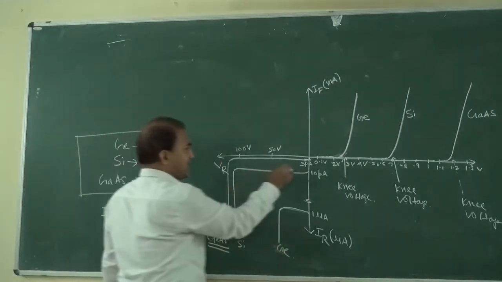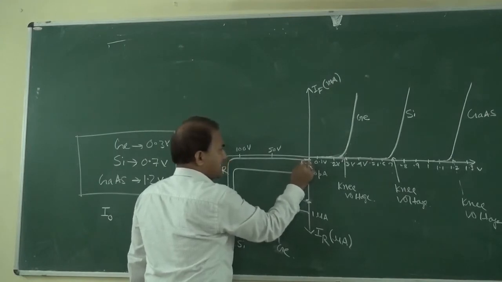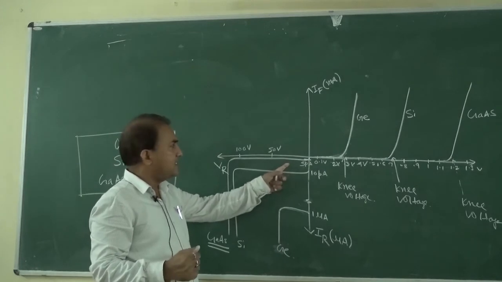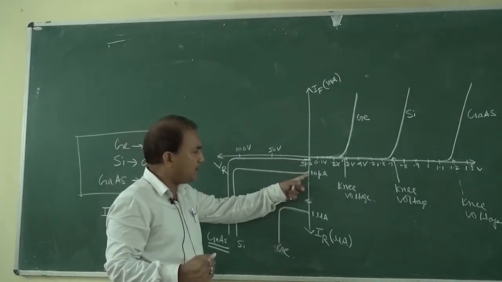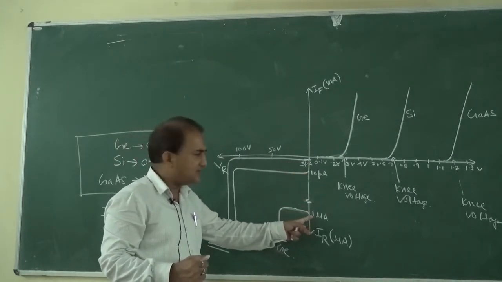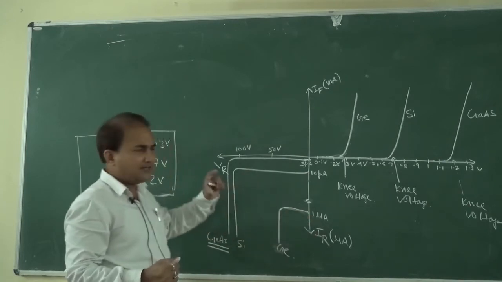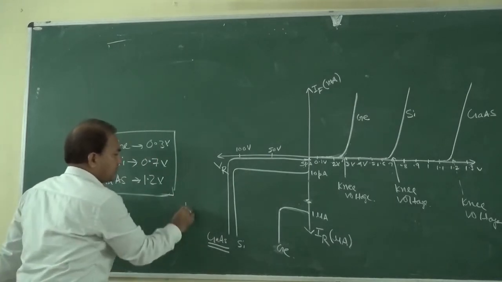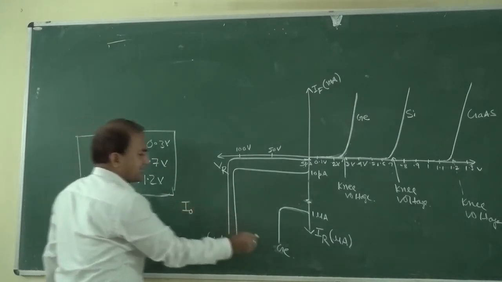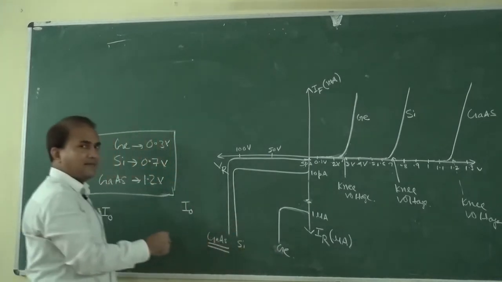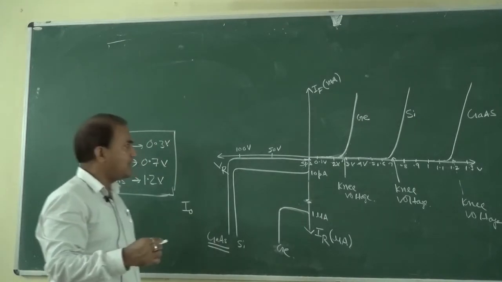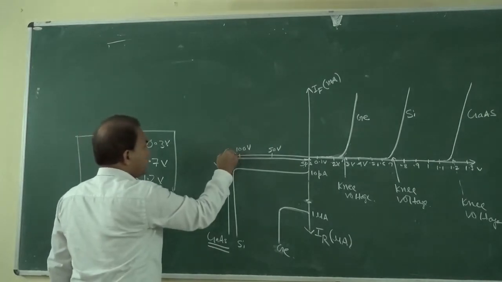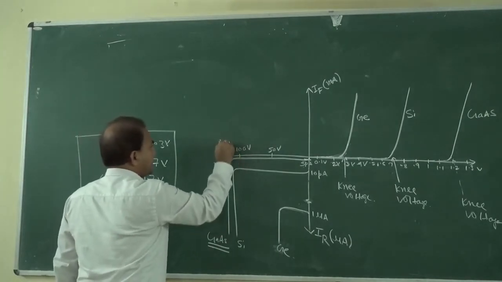In this figure the reverse leakage current I naught is 5 picoampere, 10 picoampere, and this one is in the microampere range, 1 microampere. These are the typical values of I naught, the reverse leakage current, for germanium, silicon, and gallium arsenide based PN junction diodes. And this is the breakdown voltage.